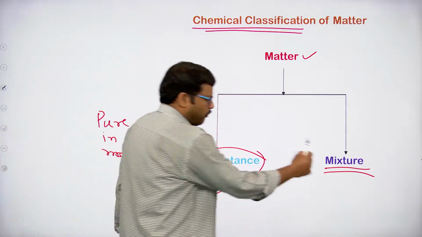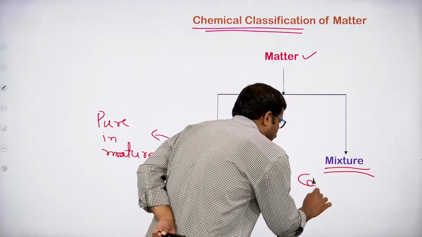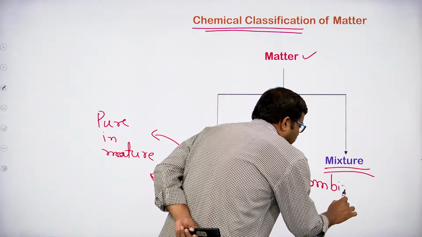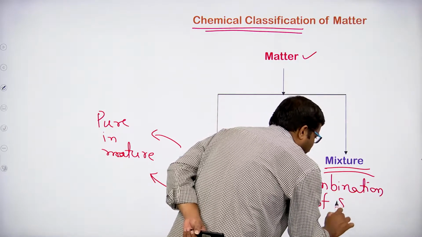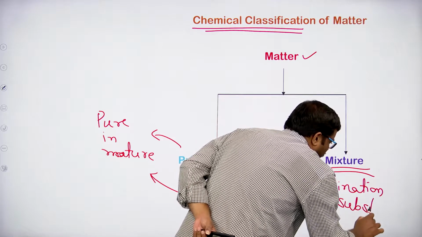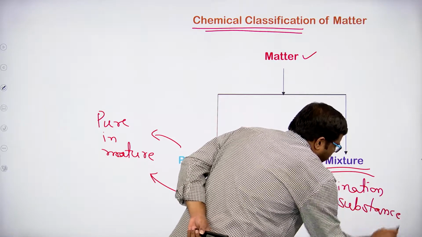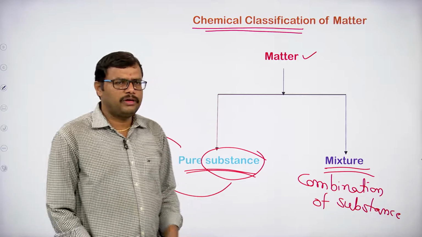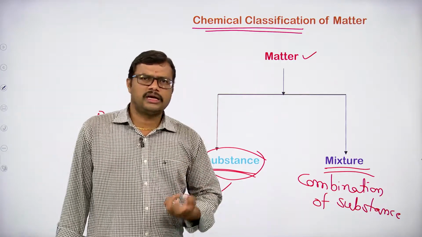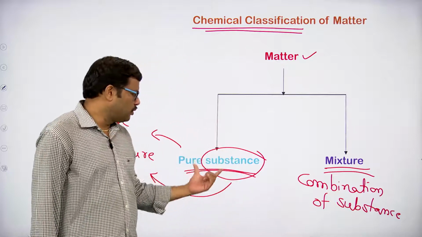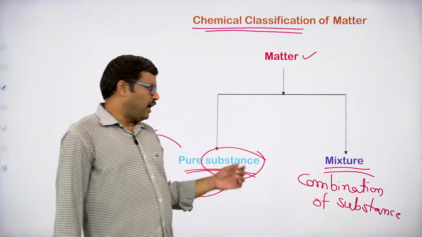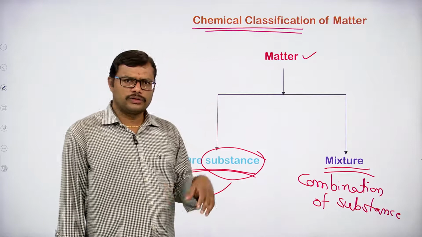A mixture is obtained by the combination of substances, and the combination takes place in any proportion, okay. Whenever we combine 2 pure substances, for example, pure crystalline sugar is a pure substance, okay. Milk, of course, is not pure.